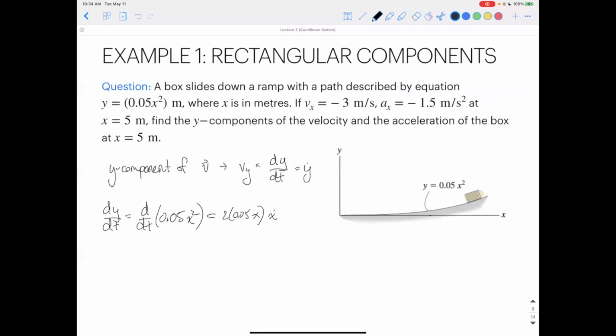If we do this, we have an equation for our y component of velocity: 2 times 0.05x times x dot. We're going to solve when x is equal to 5, and we're given our x component of velocity, vx, which is x dot. So we can rewrite this as 2 times 0.05 times 5 times our x dot, which is minus 3.